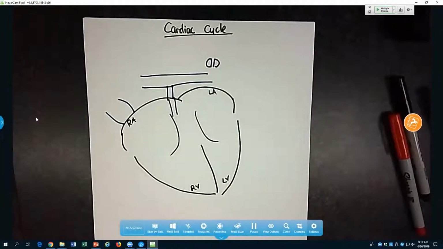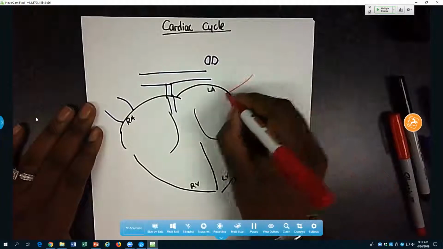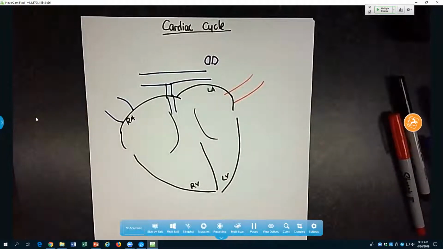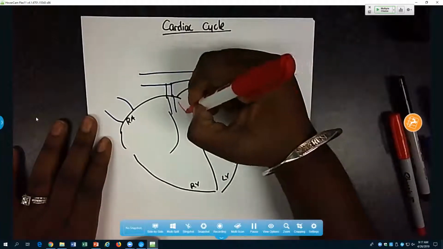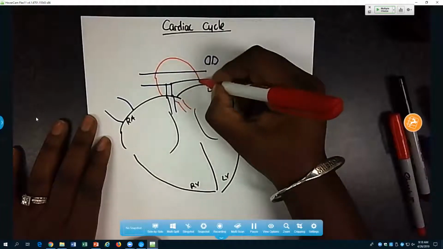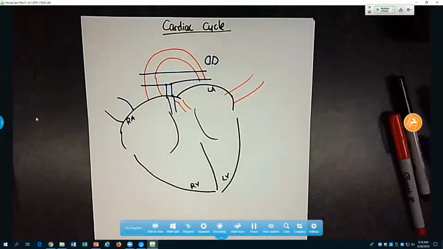Okay, and that's in blue because that's carrying deoxygenated blood. Now we know that there are the pulmonary arteries, or veins rather, that are bringing blood back to the left atrium. And then we have this major vessel that's leaving, sort of curves around like this, called the aorta.